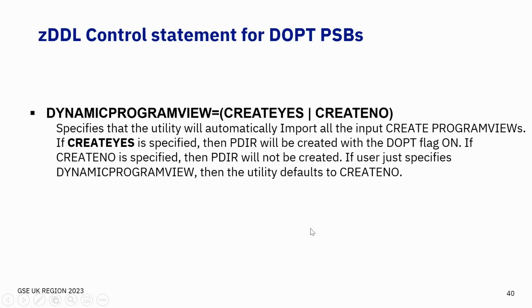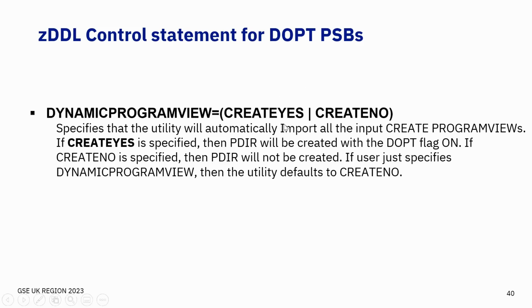We also provided with this ZDDL utility the ability to create DOP PSBs. So you can say dynamic program view equals, and you can say create yes or create no. Dynamic program view simply says, okay, whatever create program views I've got, create them as DOP PSBs.